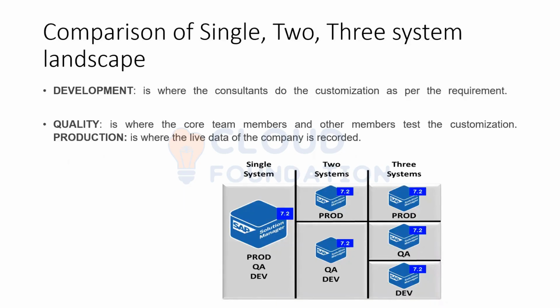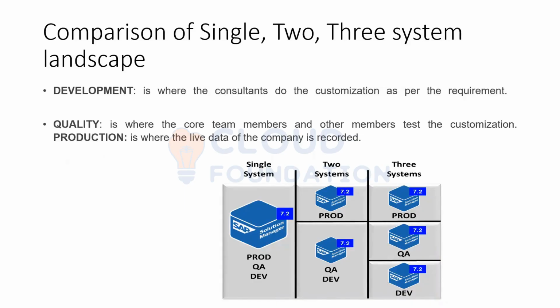That's the test. Then you implement into quality and check once again. The thing is, if you go to production directly and after 2 or 3 working days you see something wrong, then you have to start from development again.